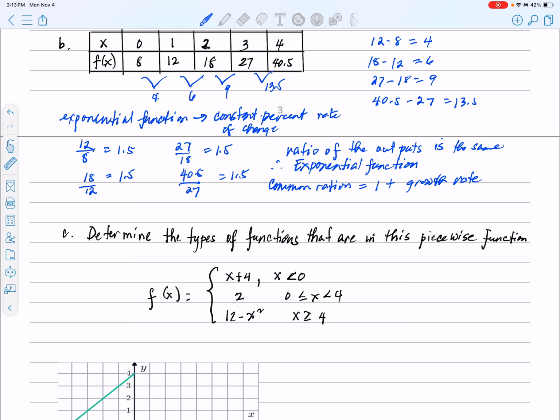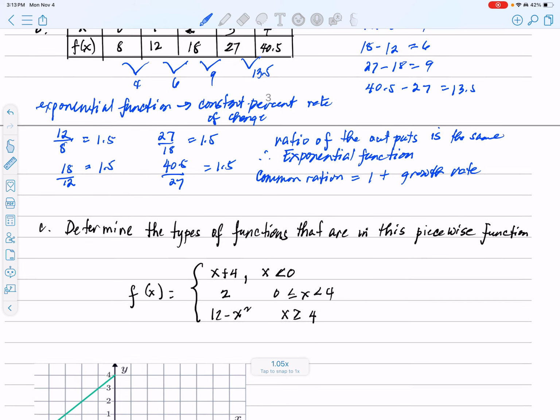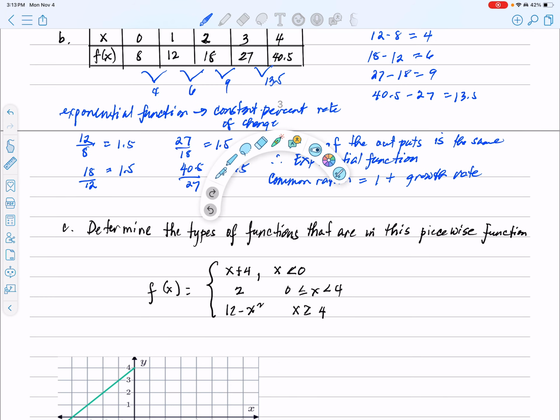Then we multiply it with 100%. So in other words, we have 1.5 equals 1 plus that rate. So 1.5, I mean 0.5, because 1 minus, okay.